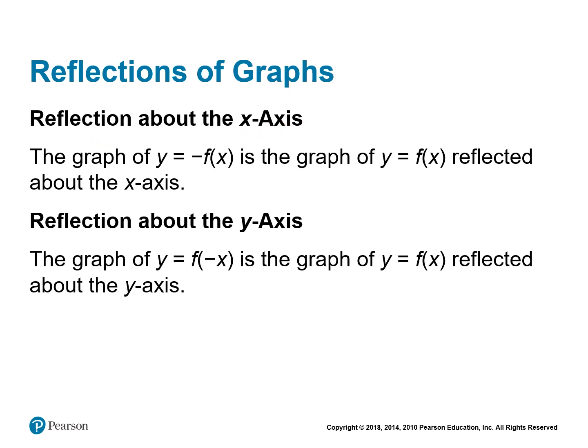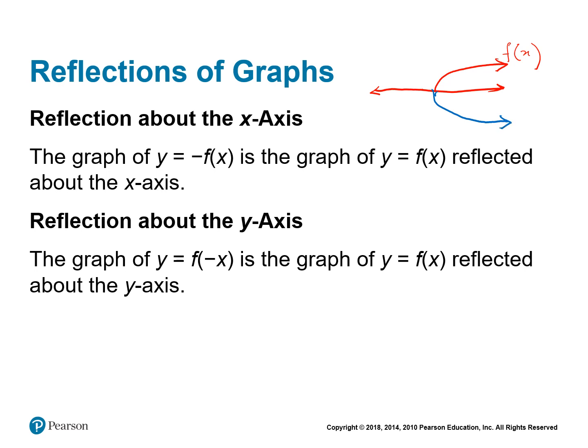If I draw my x-axis, which is a horizontal line, and let's say this is a graph of f of x, when we say it is reflected about the x-axis, that means it's going to look like this. It's going to appear on the other side of the x-axis.